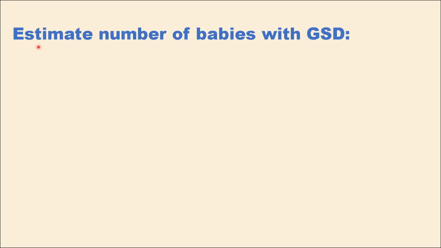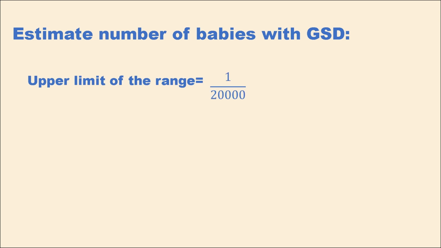First, we need to estimate the number of babies with GSD, as this is the range provided. The upper limit of the range is 1 in 20,000. To find this, we divide 3.8 million by 20,000 and it's 190.